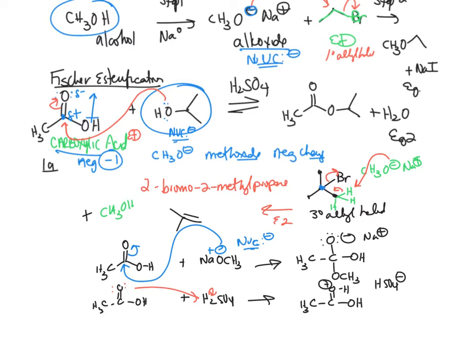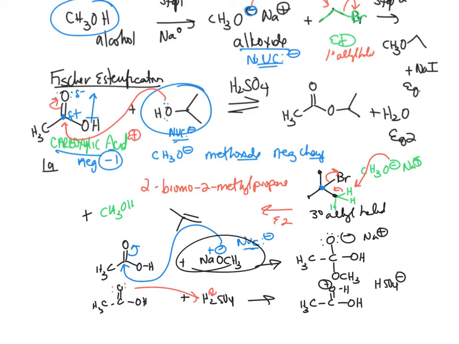The Fischer esterification is an equilibrium reaction. In your groups, discuss how the reaction can be driven forward. So in this case, the alkoxide plays the nucleophile. Well, we've talked about this. You pull off the water.